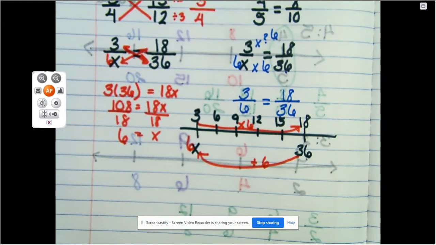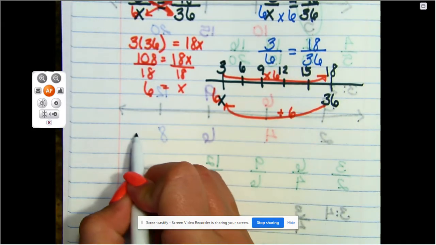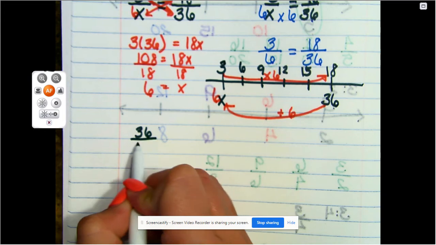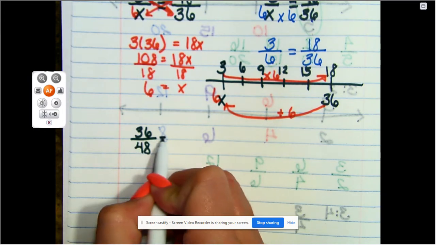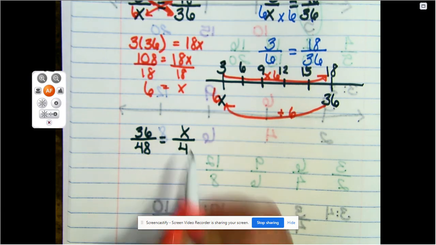Okay, so let's do one more just to clear the air. Okay, let's do 36 over 48 is equal to x over 4.